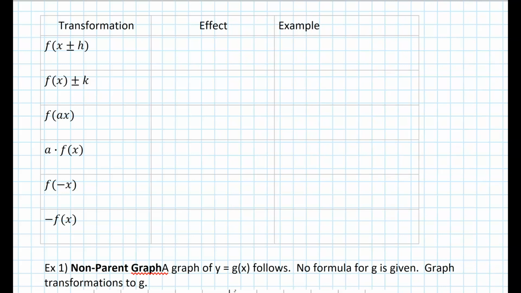That plus or minus h is occurring to the x on the inside. All right, so we saw when we did plus h, what happened? What direction did we move? To the right. It shifts left. Okay. Shifts left h.